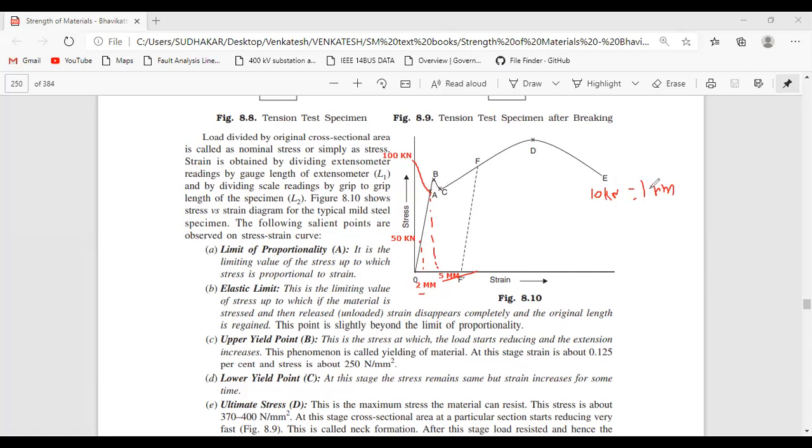In the case of 20 kilonewtons, it will be 2 mm.